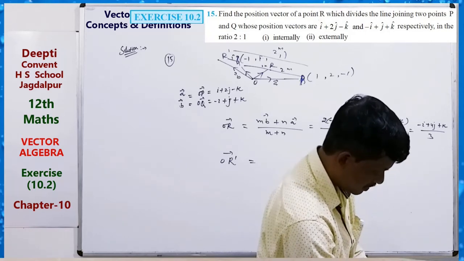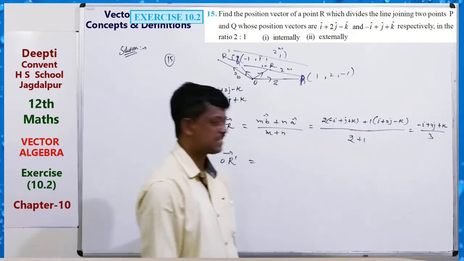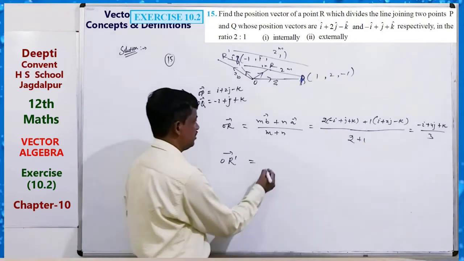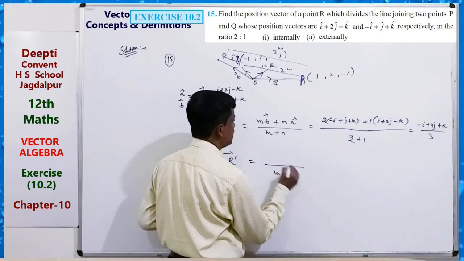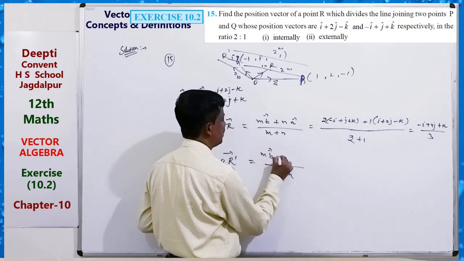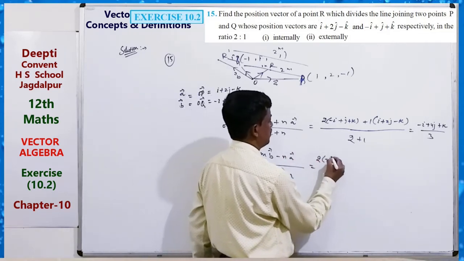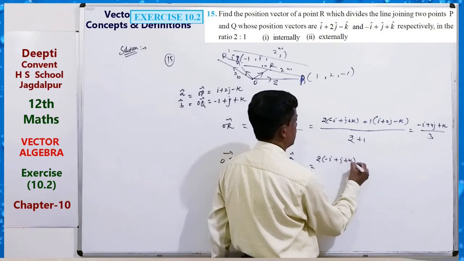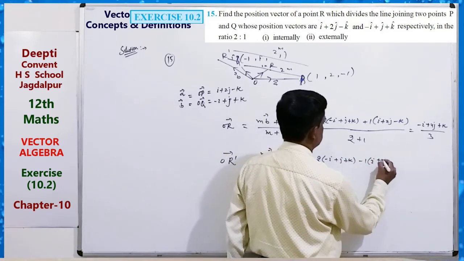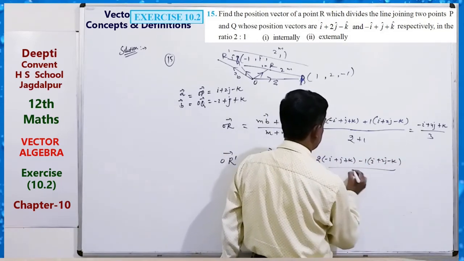Similarly externally, just use minus. M minus N: m B minus n A. Just the minus sign is used. Minus i plus j plus k minus 1 times i plus 2j minus k, upon 2 minus 1.